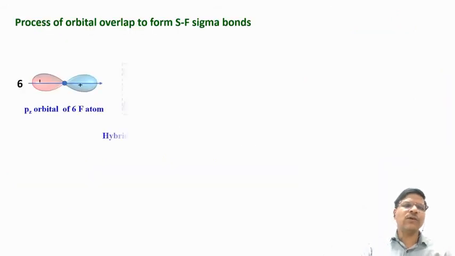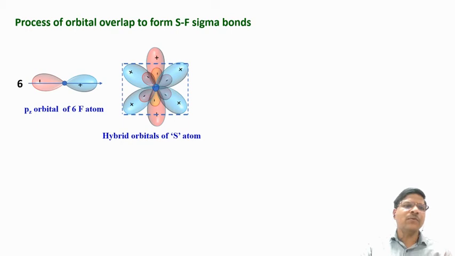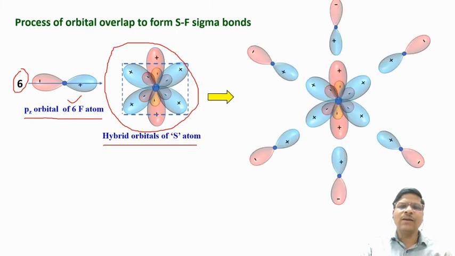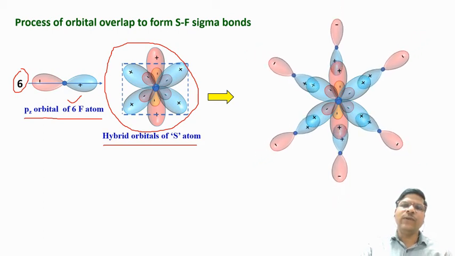In the process of orbital overlap, we have 6 pz atomic orbitals of the 6 fluorine atoms and the 6 half-filled hybrid atomic orbitals of the sulfur atom. They will undergo orbital overlap and on overlap we get the formation of sulfur fluorine sigma bonds.